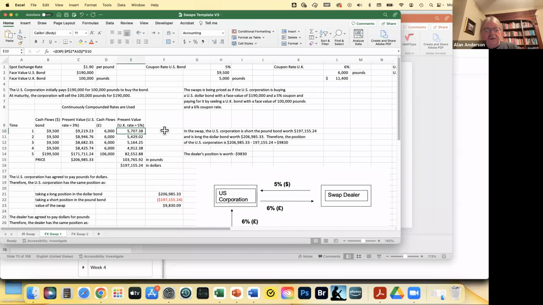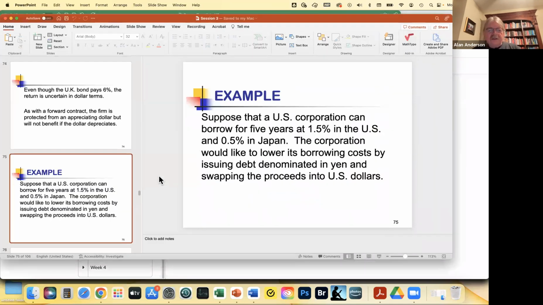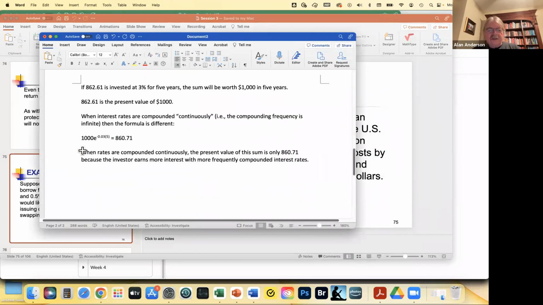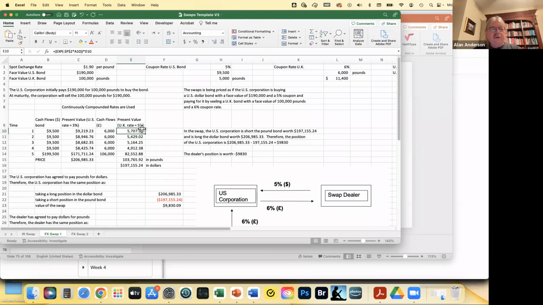So if you notice, we're using values of these dollar coupons and the British pound coupons. So at the end, we have the price of this bond in dollars should be about 206,000.